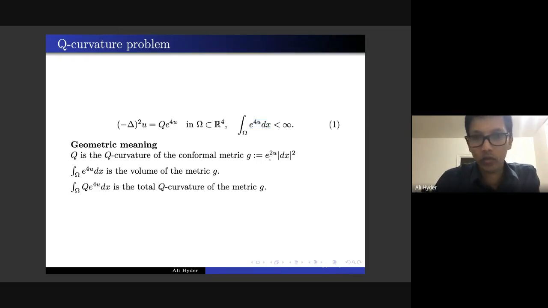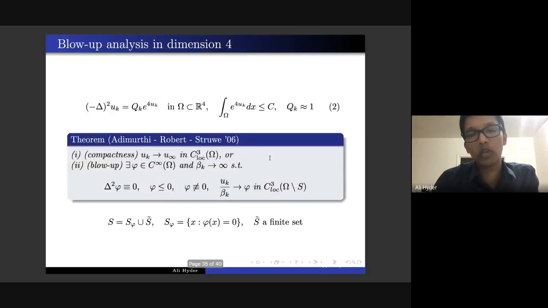Now, what about the compactness for a sequence of solutions as before? So now we are considering a sequence of solutions on a bounded domain or unbounded, doesn't matter. But again, the integral is uniformly bounded and Q_k is like 1. So up to a subsequence, you can have compactness, or there is a blow up.